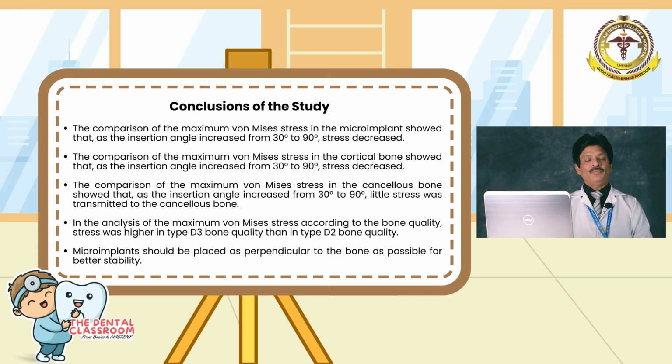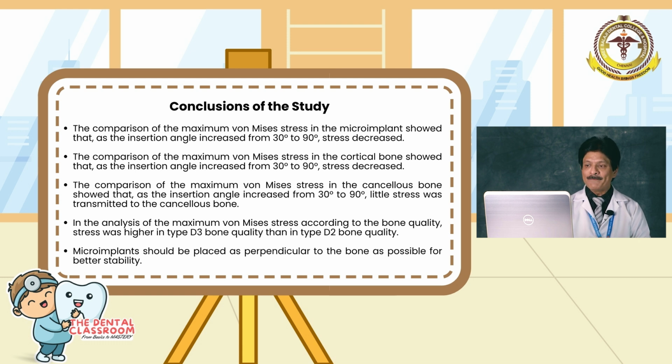So when we compared the von Mises stress, we found that the comparison of the maximum von Mises stress in the micro implant showed that as the insertion angle increased from 30 degrees to 90 degrees, the stress decreased.